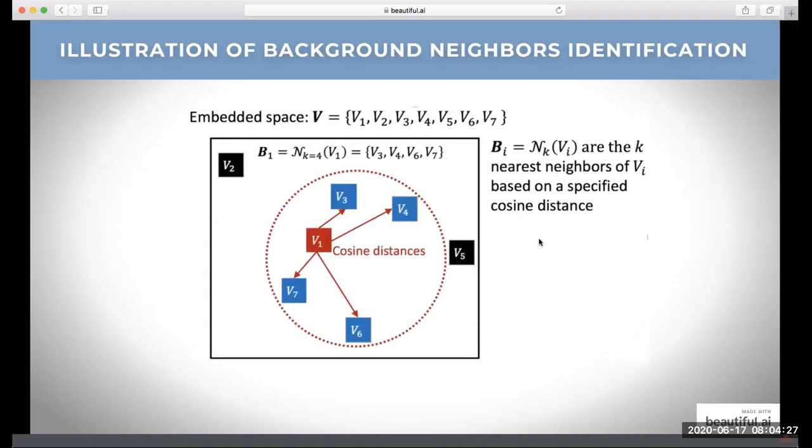If we have some specified cosine distance, we calculate the distance of V1, as we are interested in the background neighbors of V1. We calculate the cosine distance of V1 from its nearest neighbors. We get V3, V4, V6, and V7, which are shown as the blue images here. They are identified as the background neighbors for image V1.